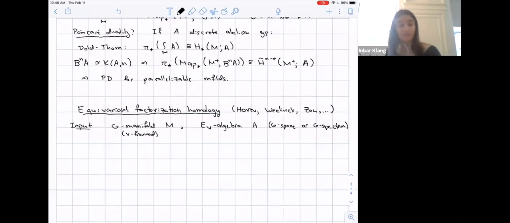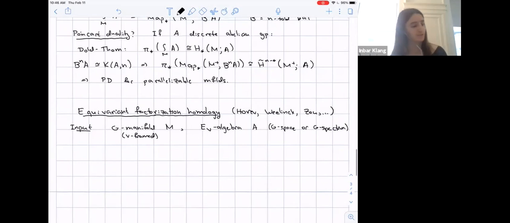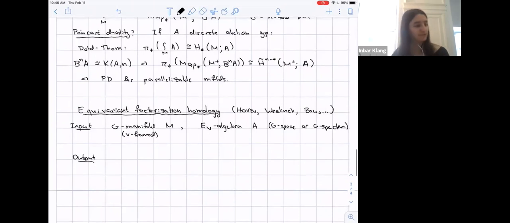Right, so we'll restrict to V-framed manifolds for the time being, and I'll say what that means soon. And the output for this is the factorization homology of M with coefficients in A, which is a G space or a G spectrum, depending on what kind of thing A was.